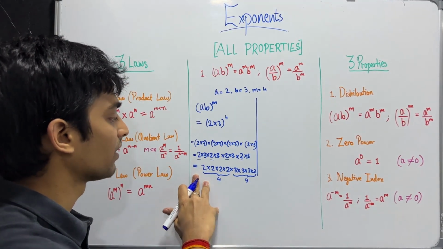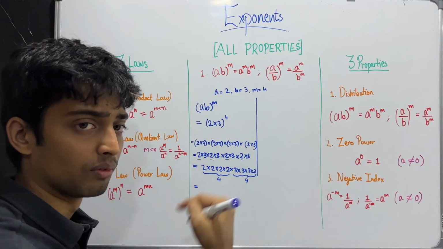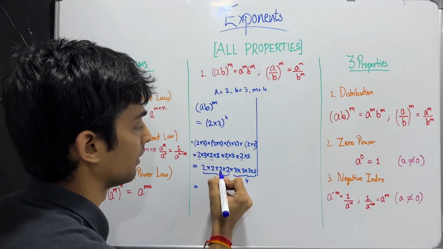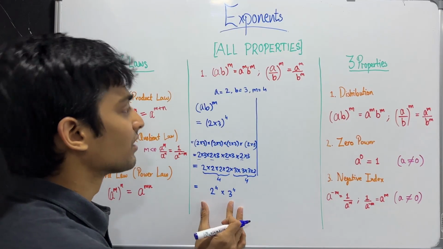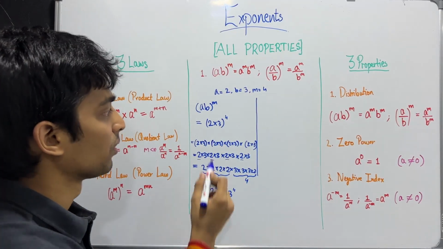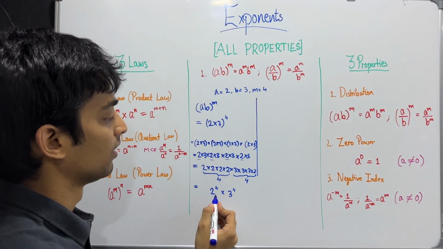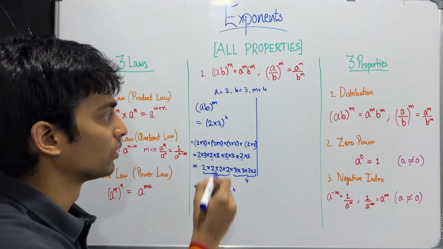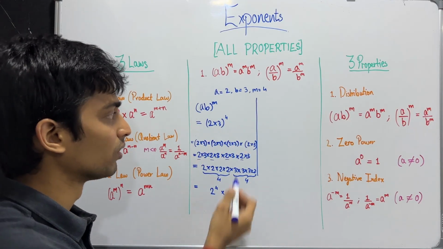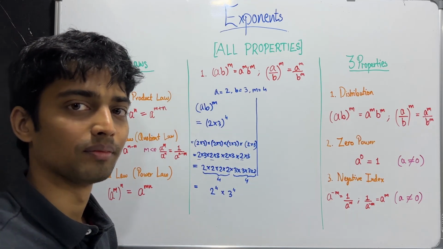So, can we write this as the reverse process? Can we write this as 2 raised to 4 multiplied by 3 raised to 4? Isn't this the same thing as here? So 2 into 3 the whole raised to 4, we wrote it as 2 raised to 4 into 3 raised to 4. So when the brackets are opened, we can distribute the power to each number in product.